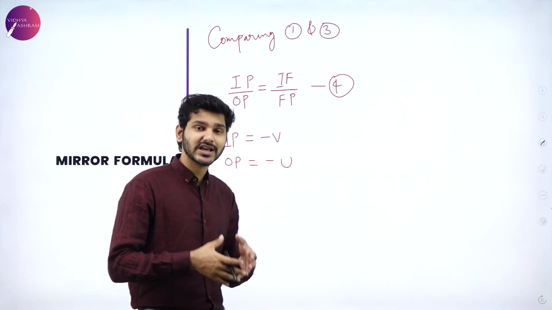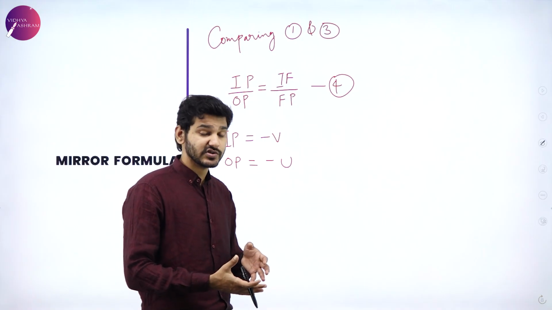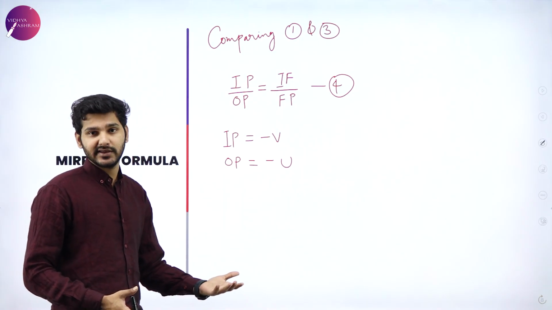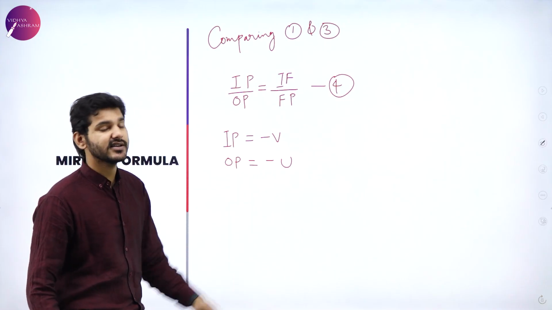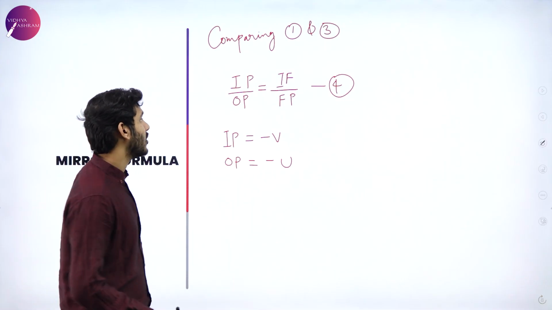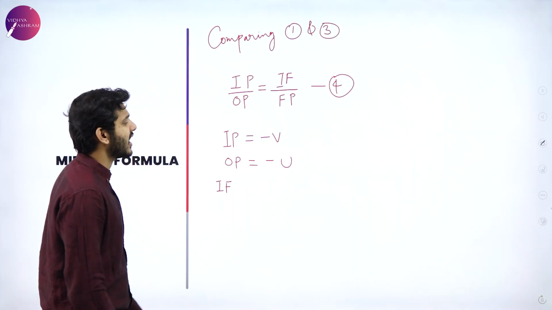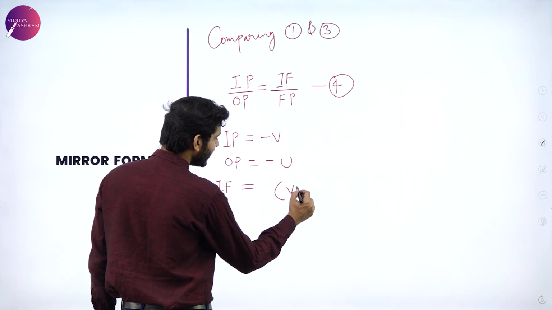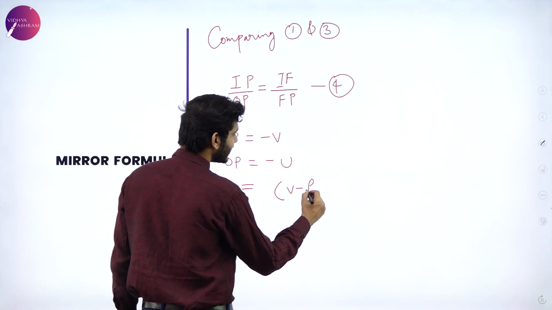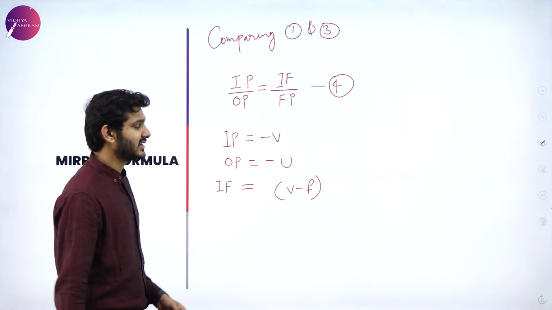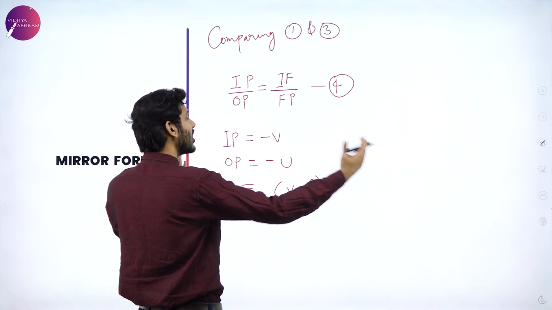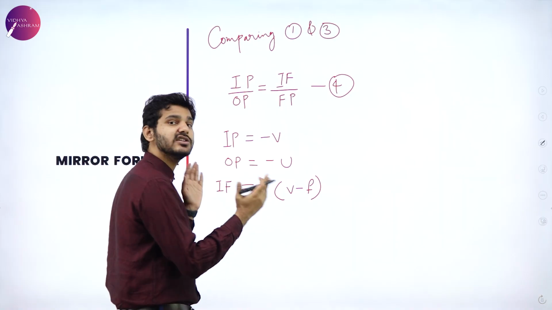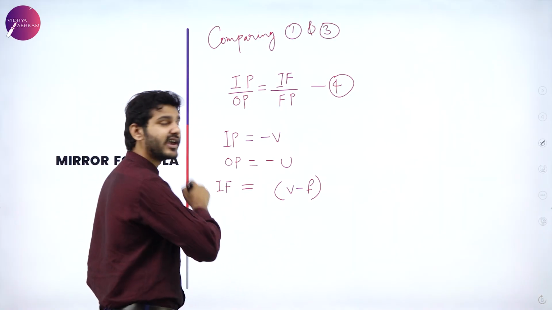Using the Cartesian sign convention, anything falling on the left hand side is going to be negative in nature. That is why the negative signs are appearing here. And finally, what is the distance IF? IF is nothing but V minus F. It is the entire image distance from which the focus point is subtracted. That will give us IF.